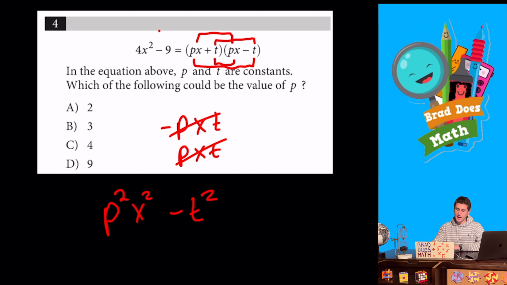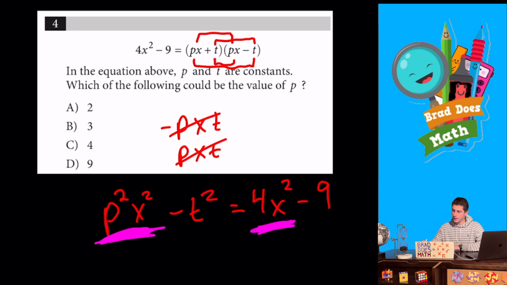And it says that the 4x squared minus 9 is equal to this. This is what I call pairing up your variables. So I like to pair the things that have the same variables on each side of the equation. So the p squared x squared and the 4x squared both have an x squared. And then the constants.